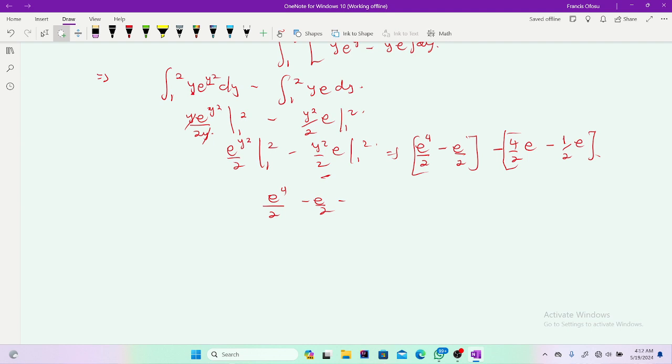So minus 3 over 2 e, because I'm getting 2 minus half, that will be 1.5. So e over 2 minus 3 over 2, negative 4 over 2, I get negative 2, right? So my final answer becomes e to the power 4 over 2 minus 2e to the power 1 over 2 e.